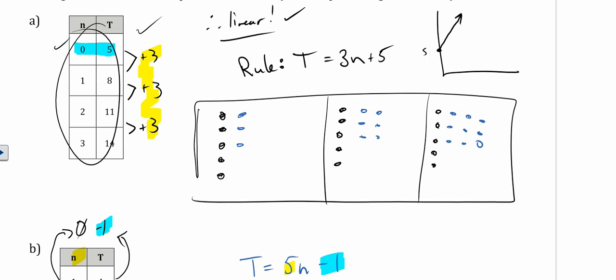Okay, next one. We're going to do the same thing. Notice again, it's like the last one. You got to do a bit of extra work.